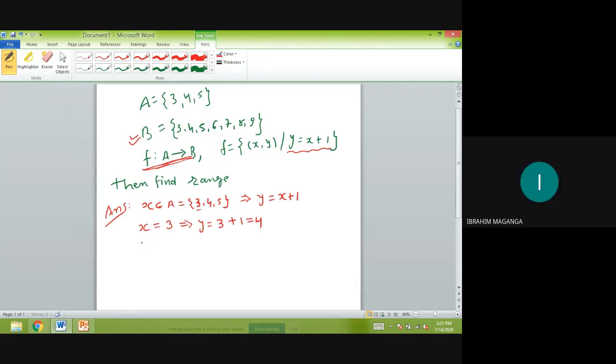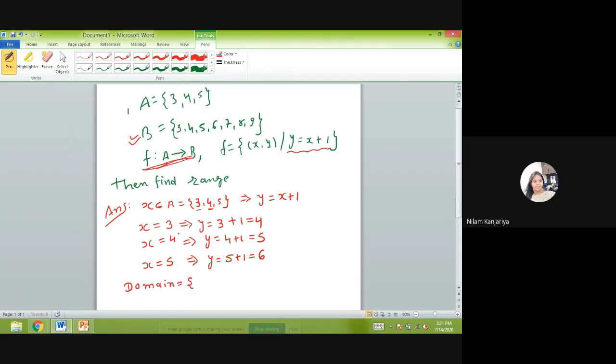Second, what is x? The second element of set A is 4. Putting it here again, 4 plus 1 is 5. And the last element of set A is 5. Putting it here, 5 plus 1 is 6. So first, what is the domain?